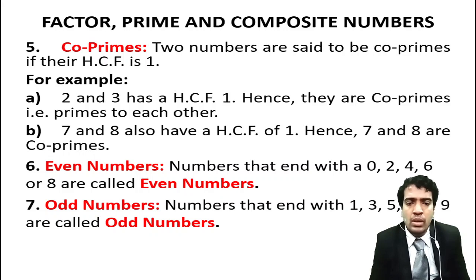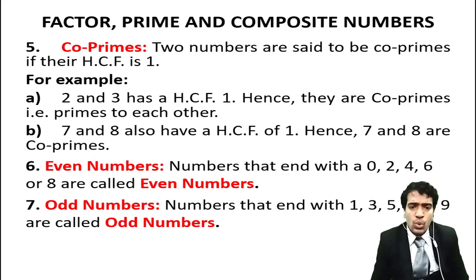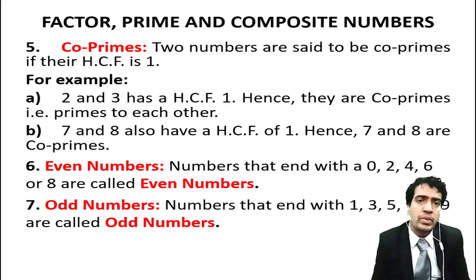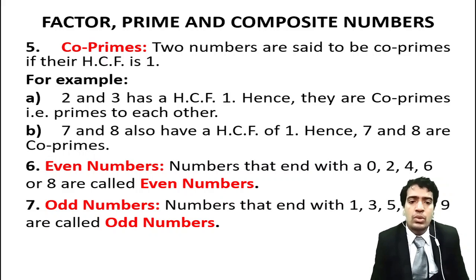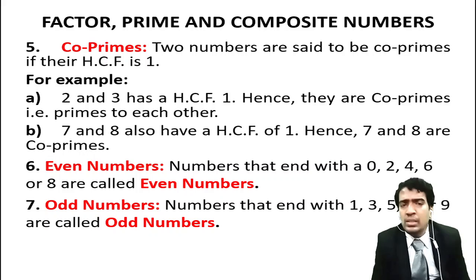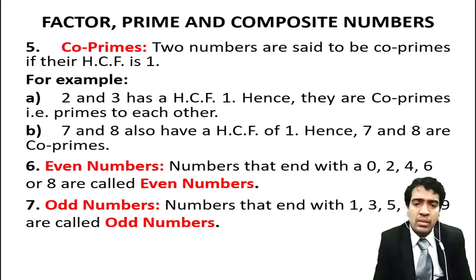For example, if you take the numbers 2 and 3, the highest common factor of both is 1, and other than 1 there are no other common factors. Forget about highest, there are no common factors between 2 and 3. So it is the only factor and it is the highest common factor. Then we can say that they are coprimes. Here 2 and 3 are coprimes.